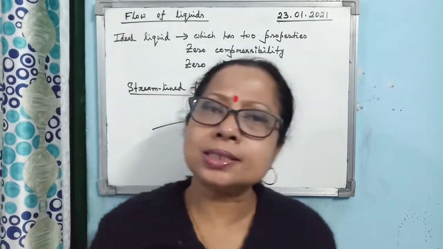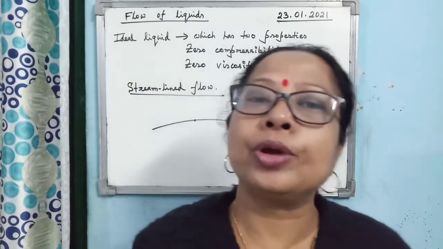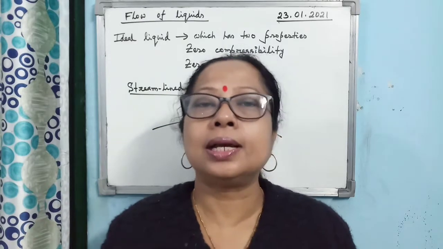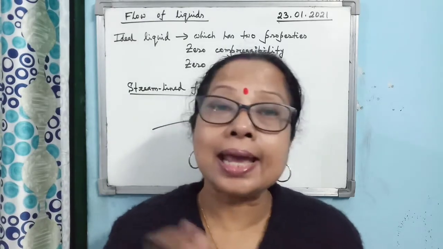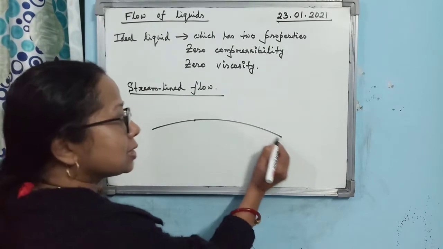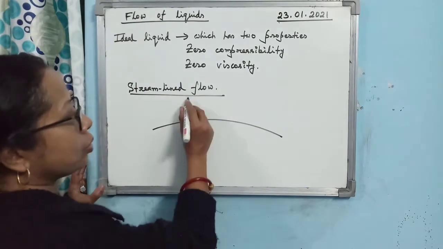Very easy to understand. When you go for prayer, the assembly program, how do you go? You form a line, systematically, regularly you move, isn't it? So like that, when the liquid particles are moving systematically, regularly, then the flow is known as streamlined flow.